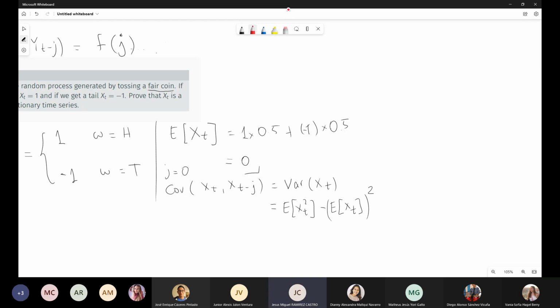What is the value of the square of the expected value of xt? Junior.